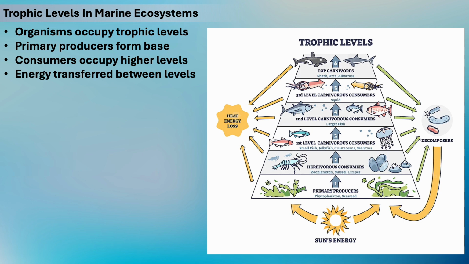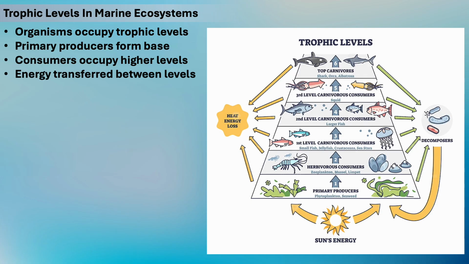At the base of the marine food web are primary producers, the organisms responsible for converting inorganic carbon into organic matter through primary production. As we discussed previously, phytoplankton dominate this role across the ocean, while macroalgae and seagrasses contribute significantly in shallow coastal environments.